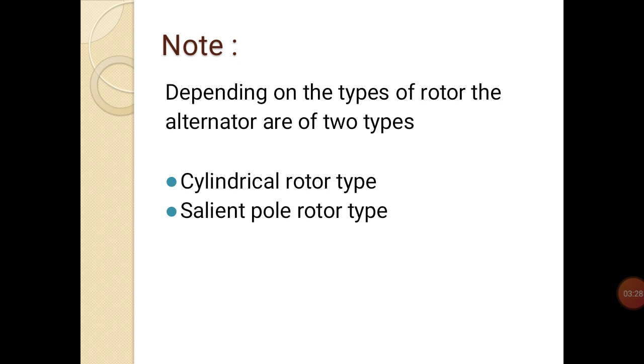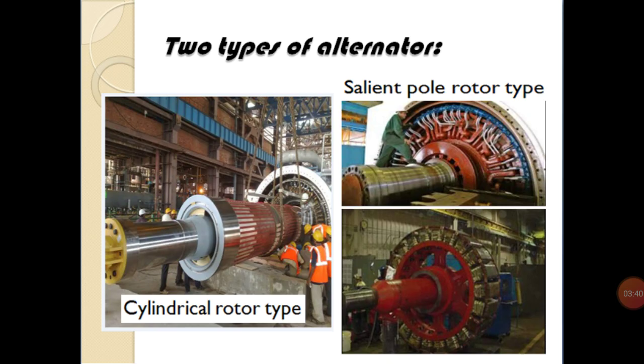Note: depending on the types of rotor, the alternators are of two types. The first is the cylindrical rotor type and the second is the salient pole rotor type. There are two types of alternator.